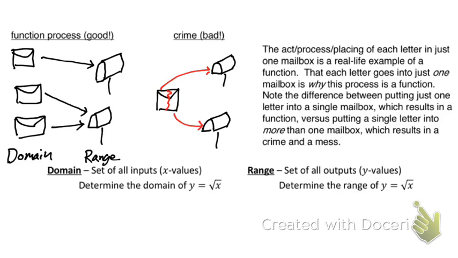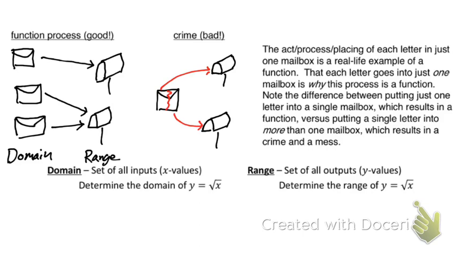Have you ever received half a letter because the mailman wasn't sure where it's going? No. That is a crime, and it's no longer a function if you could do that. Since you can't do that, the mailman is a representation of a function. Each letter has to go to one mailbox. A letter cannot go to 2 mailboxes.